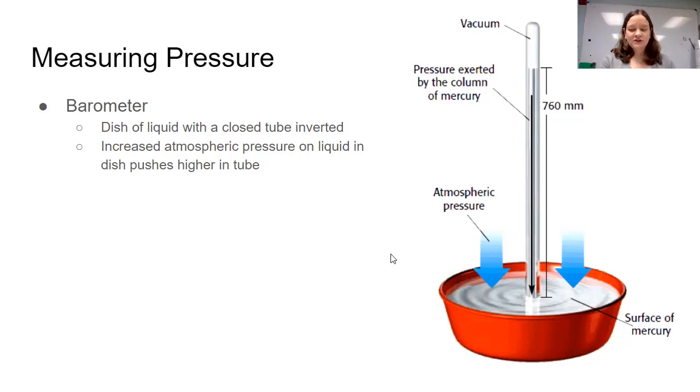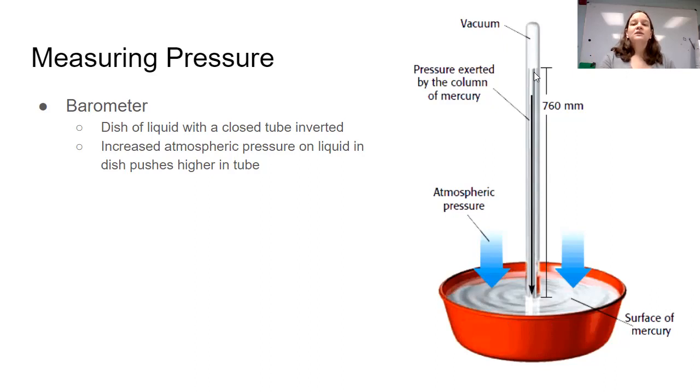A barometer is one tool where you have a dish, usually with mercury in it, and a closed tube. The tube is closed at one end, and it's a vacuum inside, so there's no air inside. As the atmospheric pressure pushes down on the surface of the liquid, it causes the mercury to rise up the tube.